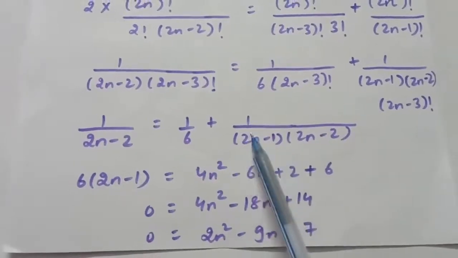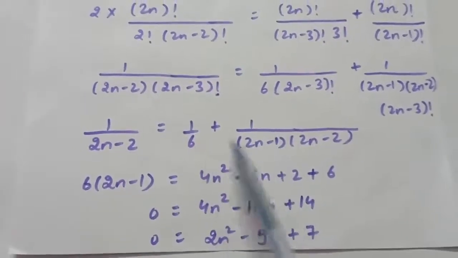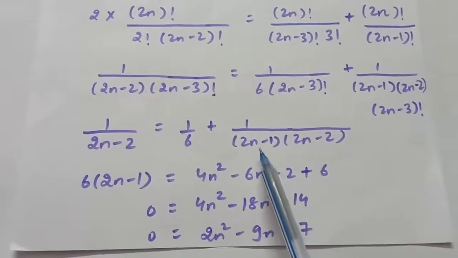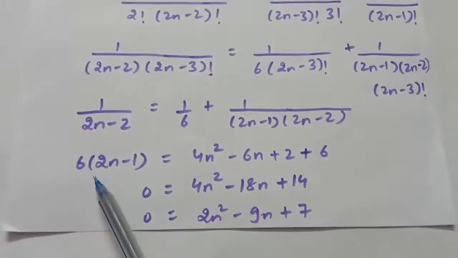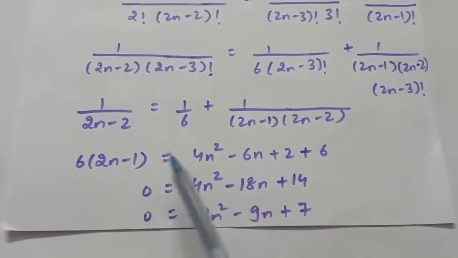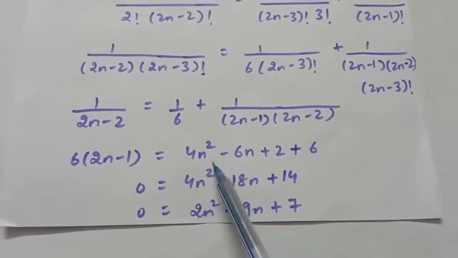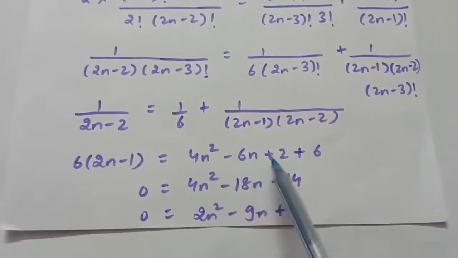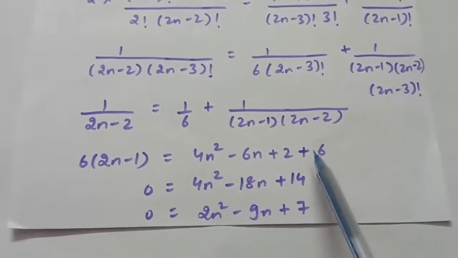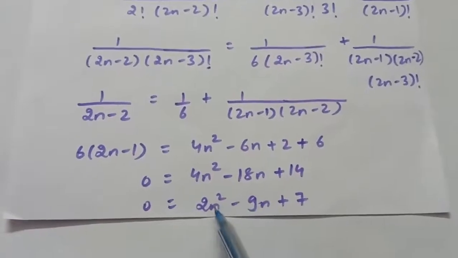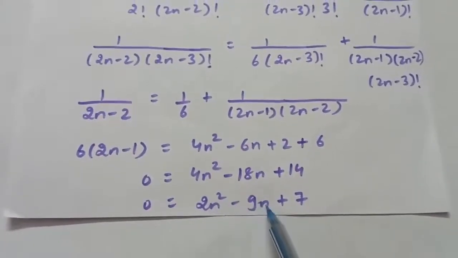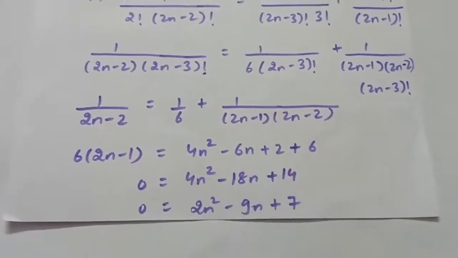Now after taking the LCM of these two terms, we have taken the LCM to this side. So you will get something like this: 6 into 2n minus 1 equal to 4n square minus 6n plus 2 plus 6. And when you solve it, you will get the required result which we wanted to show, that 2n square minus 9n plus 7 is equal to 0.